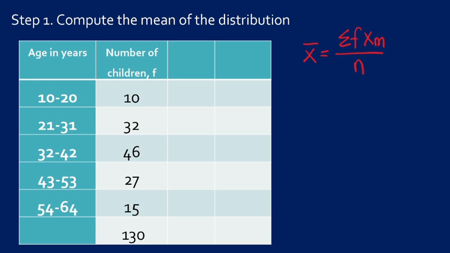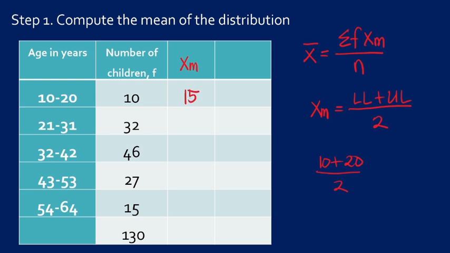So how do we solve for the midpoint xm? Midpoint is simply the lower limit of the class plus its upper limit divided by 2. So for the first row, that would be 10 plus 20 divided by 2, which is equal to 15.